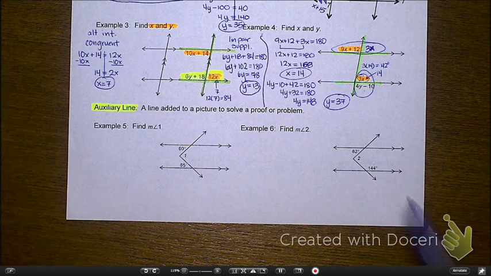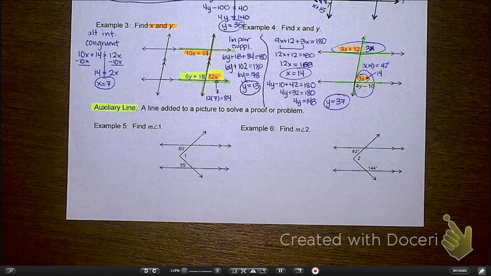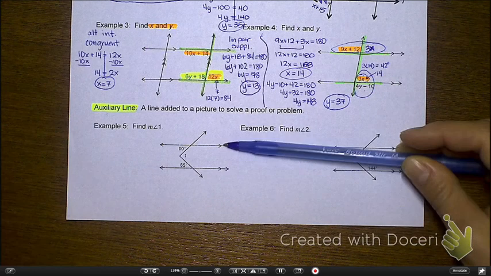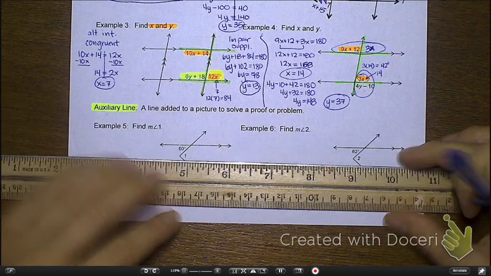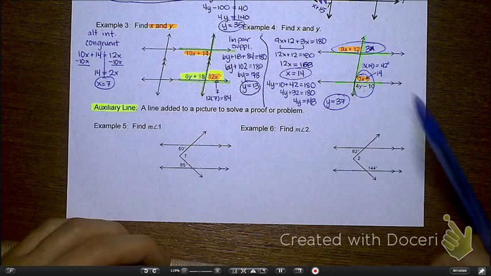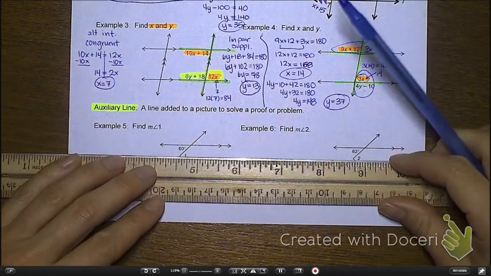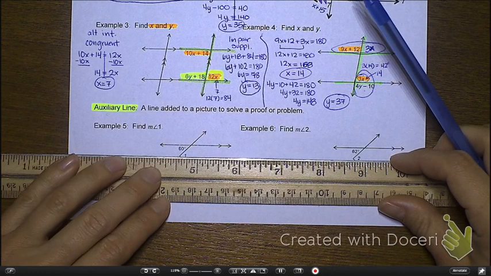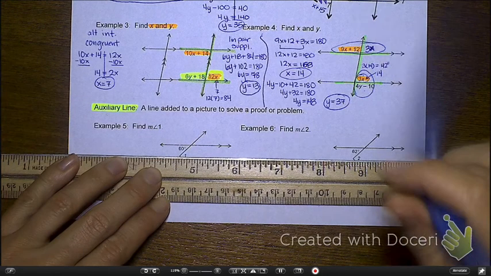My auxiliary line is going to be parallel to the two lines that are already here. I'm going to draw it through the point of angle 1 and make it parallel to the two lines that are already there. So my auxiliary line is going to look like this.